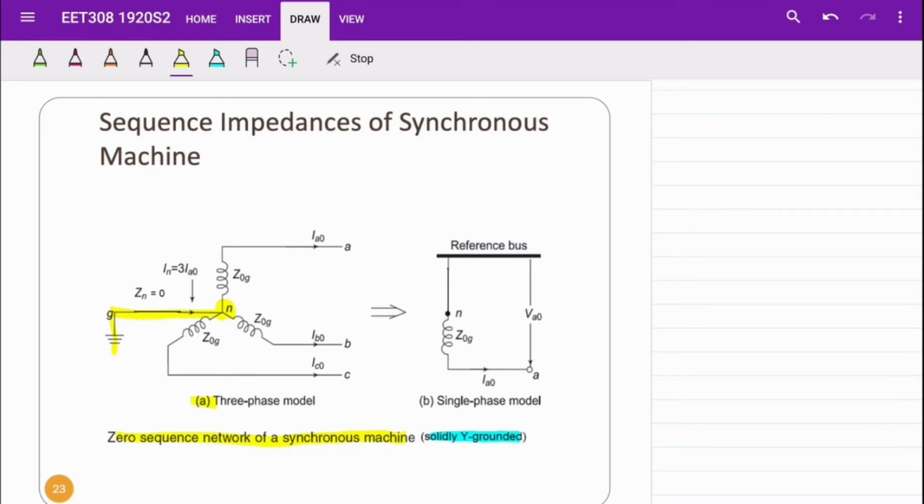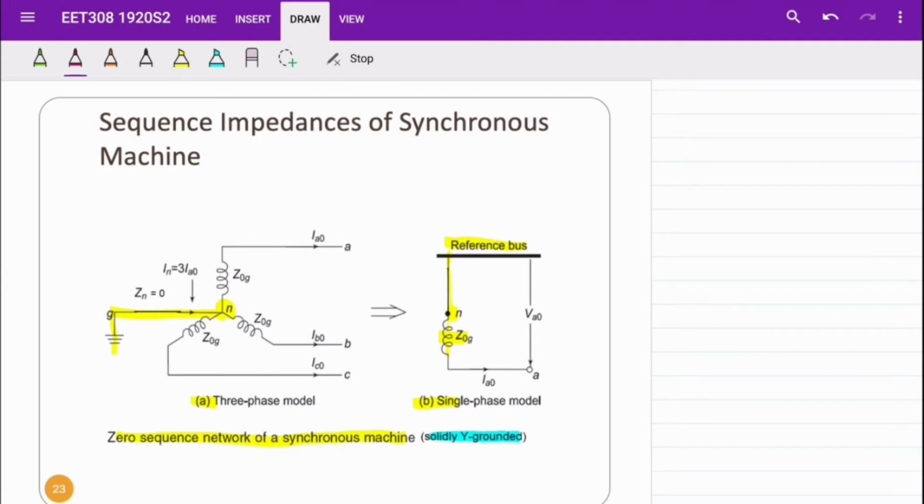Thus, to draw the single-phase model, node N will be connected to the reference bus and also connected to the zero-sequence impedance Z0, as shown in figure B. Then we can redraw the single-phase diagram.